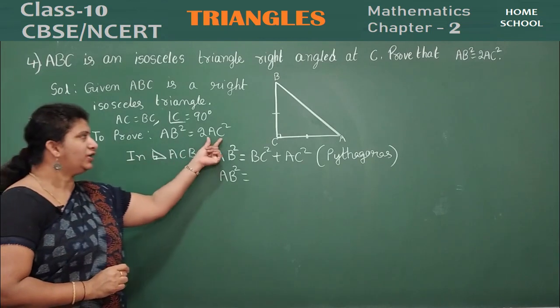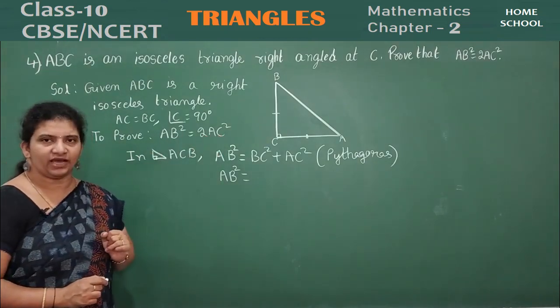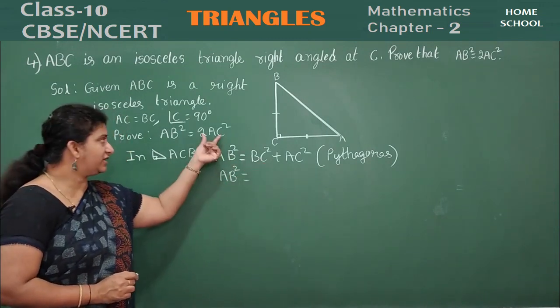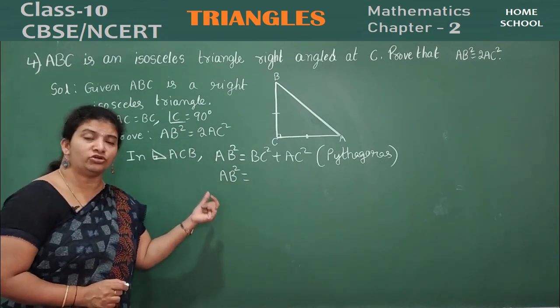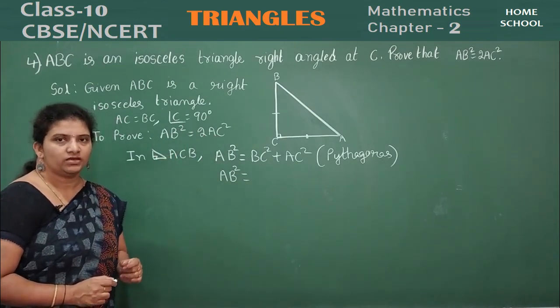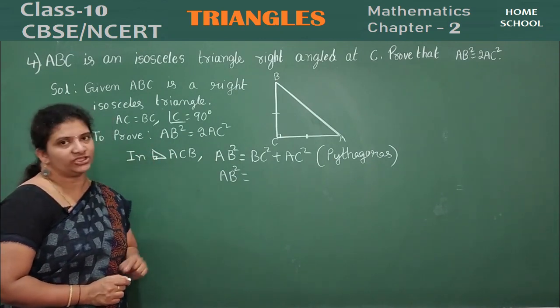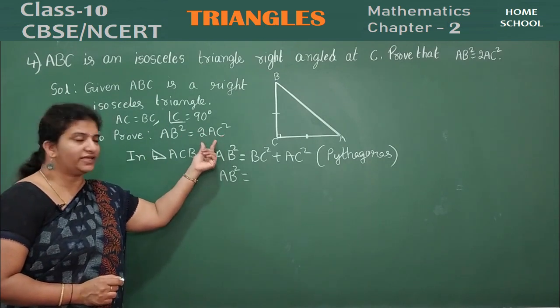Right, what we need to prove? We need to prove AC and AB should be there in our proof. So, AC needed means, observe here carefully, the same question may be changed to 2BC square. So, this point you have to understand and think about the question carefully. If they ask AC, how do you change?